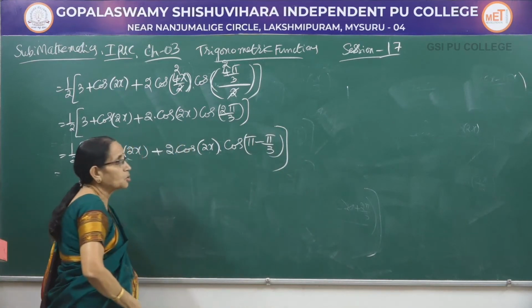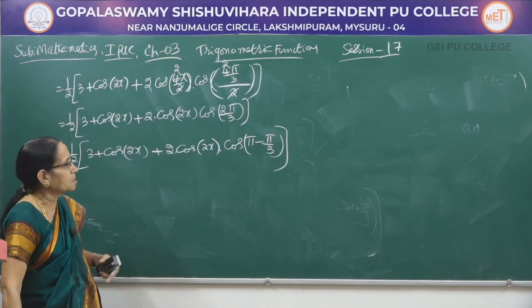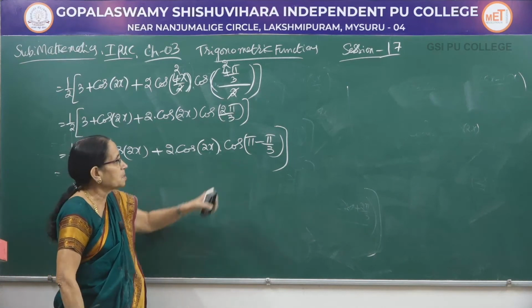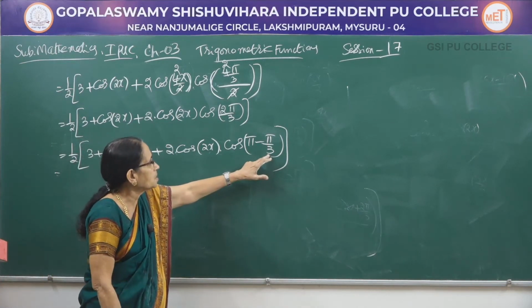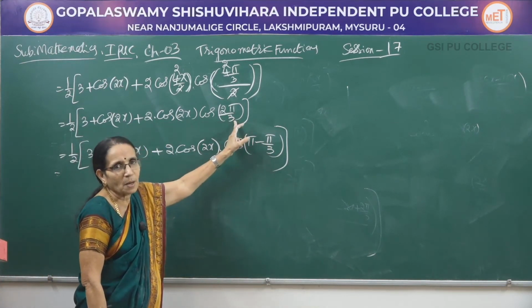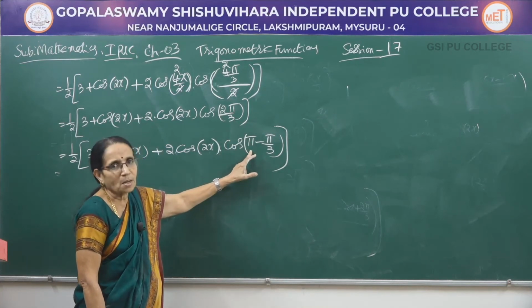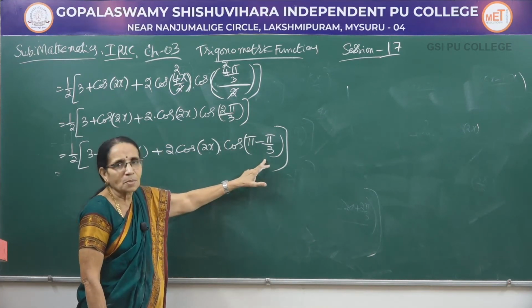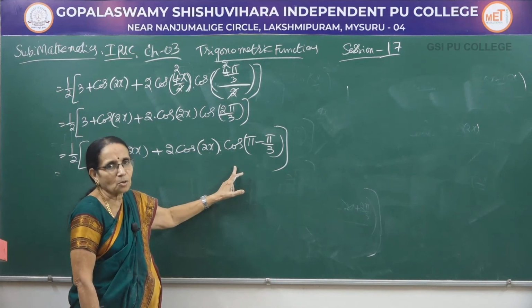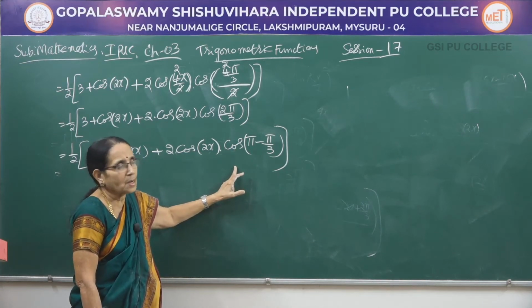So I have told you, you have to be familiar with the radian measure. Maximum problems will be given in terms of radian measure. You take the LCM, 3 minus 1, 2 pi by 3, and pi means 180. So 180 minus something means the same function continues, using the second rule of the allied angle.